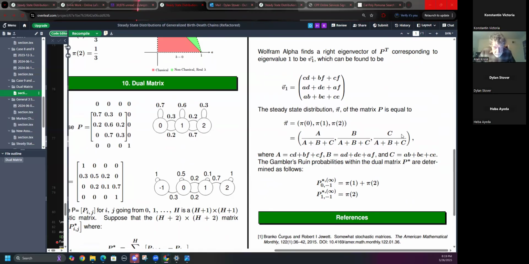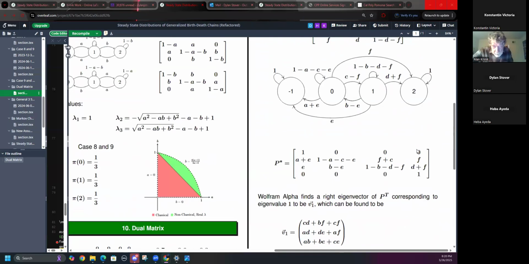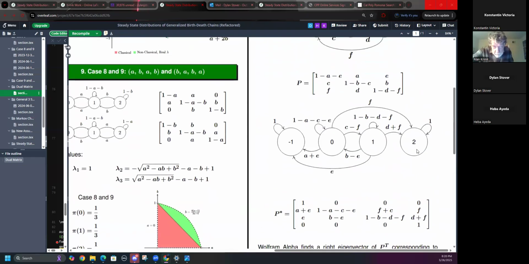So now that we know what pi1 and pi2 are from above, if you go back to the dual diagram, go upstairs again. Yeah, there it is. If you were to start at 0 or at 1, the chance of being absorbed at -1 is actually found in terms of the steady state of the original Markov chain. And so that's sort of the connections that we were talking about.